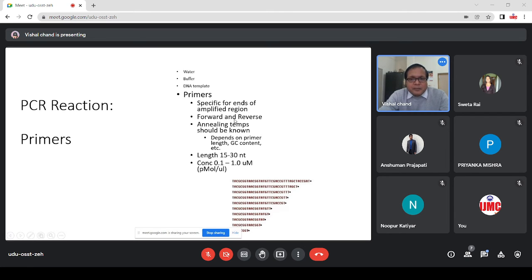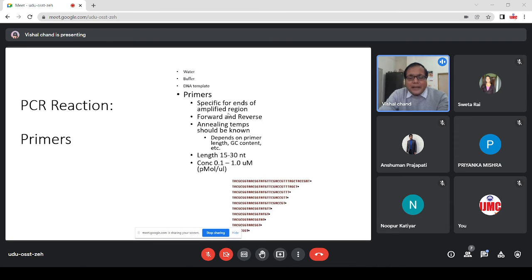Primers. Primers are specific for the ends of the amplified region. So it is another very important thing about the PCR reaction that we have to see which primer binds to the 3' end or the 5' end.